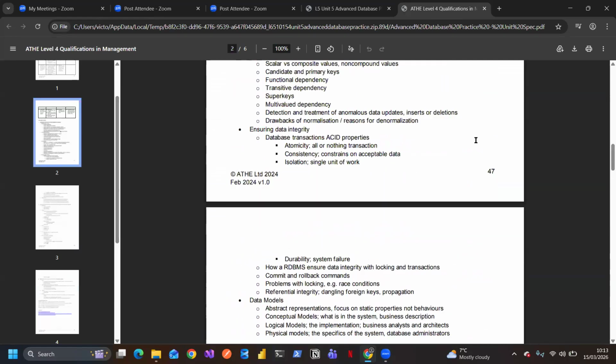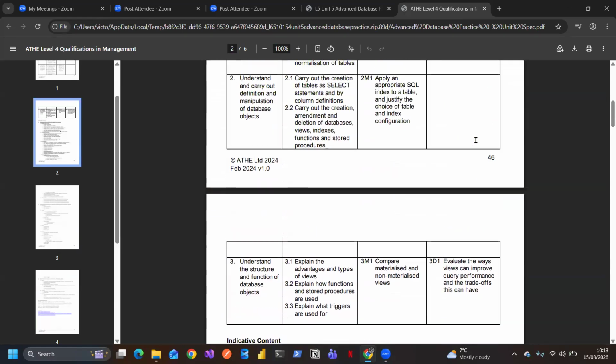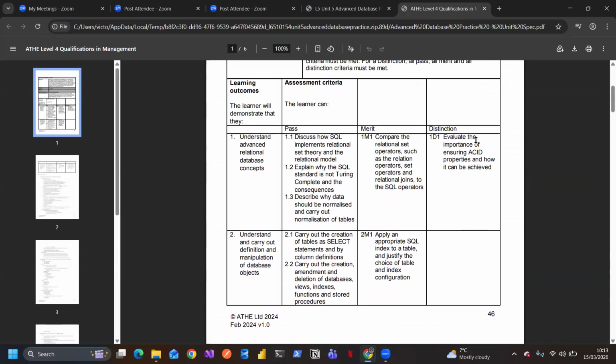By understanding our 3 learning outcomes, you should now be able to write the assignment.